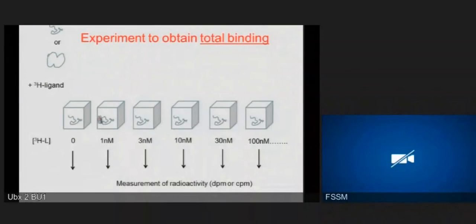Then, you do a dish with a buffer, and you dilute L, so that at the end you have 1 nanomolar concentration of L. You wait for, I don't know, 30 minutes. Then you filter and you count the radioactivity. You do this with another dish and you put L at 3 nanomolar. Equilibrium, measurement of radioactivity.